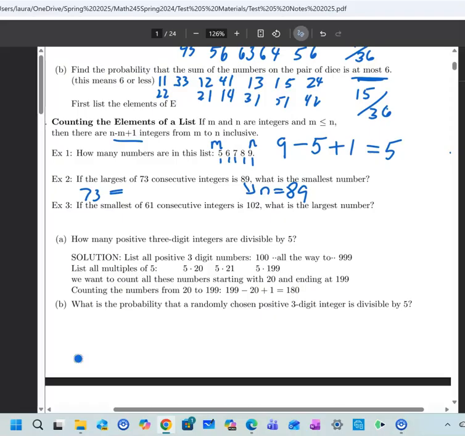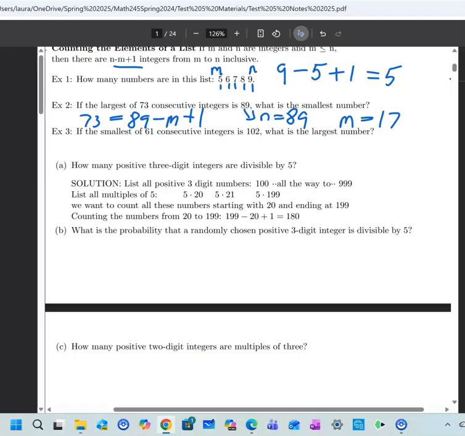So that means 73 is 89 minus M plus 1. Moving things around, 90, and then move the M to the other side. 90 minus 73, 17.